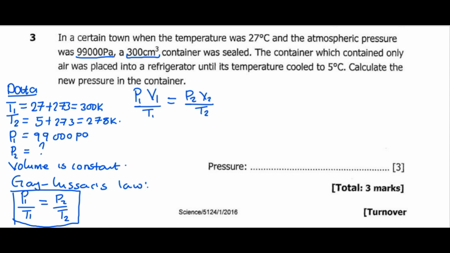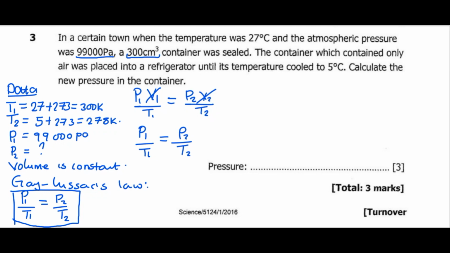From this formula, we can make Charles' law, Boyle's law, even Gay-Lussac's law. What is important is you cancel the factor that is constant. So let's cancel volume. We cancel V, we cancel V. So we have P1 over T1 is equal to P2 over T2. That is what you're supposed to do in a case where you forget.